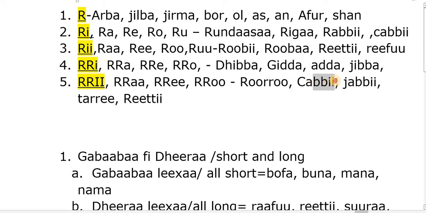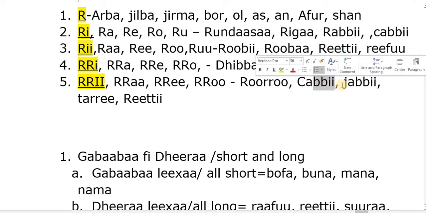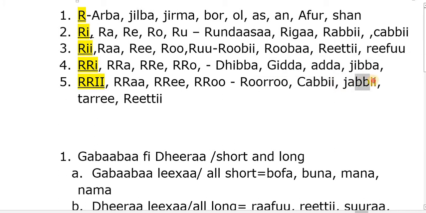Jabbi, you can see strong and long. Jabbi is strong and long. And tarre is not tare. Tare is soft. Tarre is strong and long. Reti, which you have seen up here.